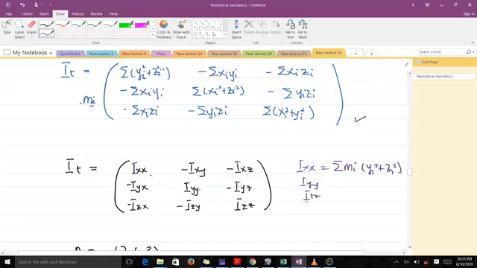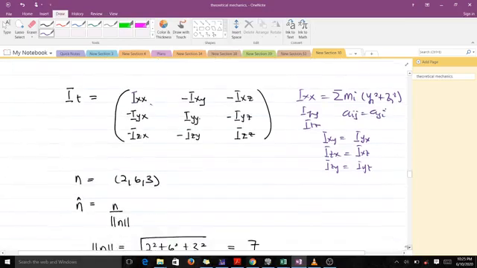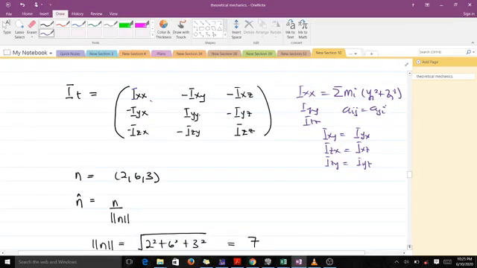Then when it comes to the remaining 6 elements, fortunately for us, this is the same as this, this is the same as this, and this is the same as this. So we can say our inertial tensor is symmetric, right? Since in terms of matrix, A_ij is equal to A_ji. So we are supposed to compute 6 things here. We have to compute 9, but 3 of them are the same, so just 6.